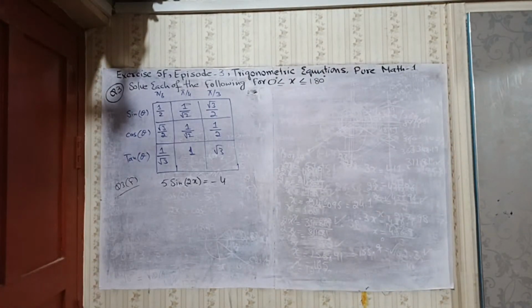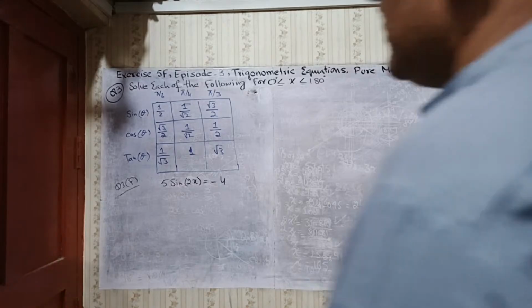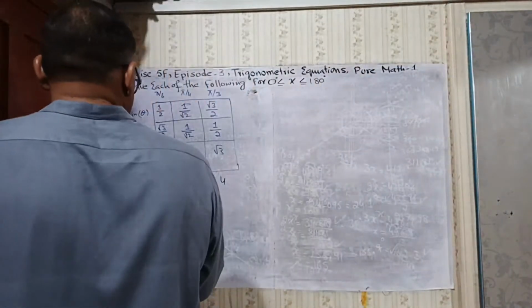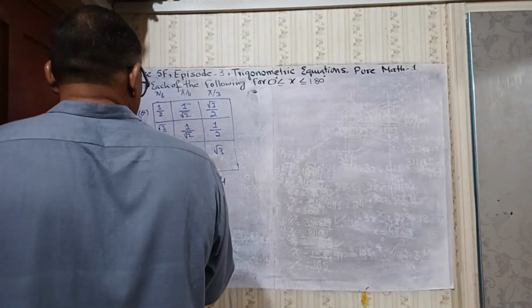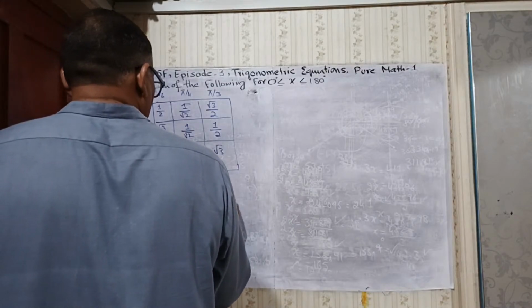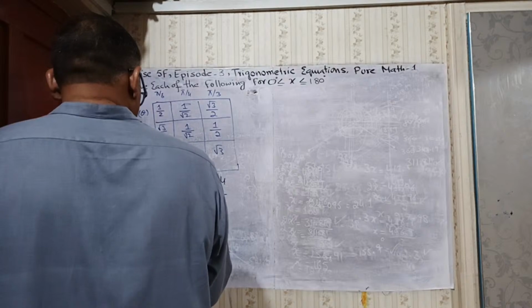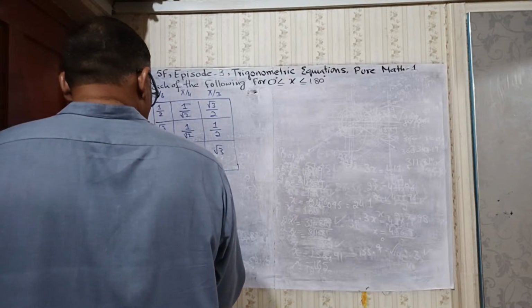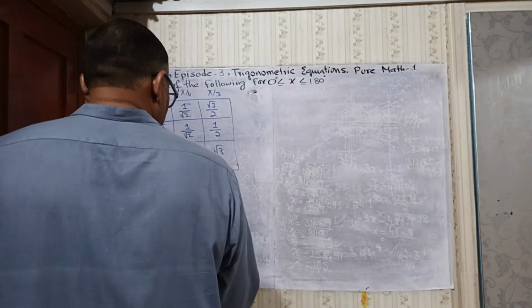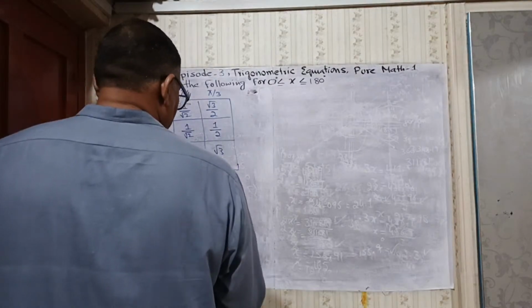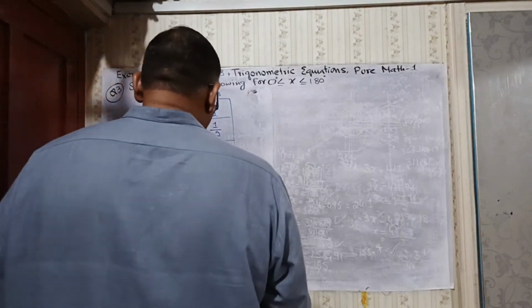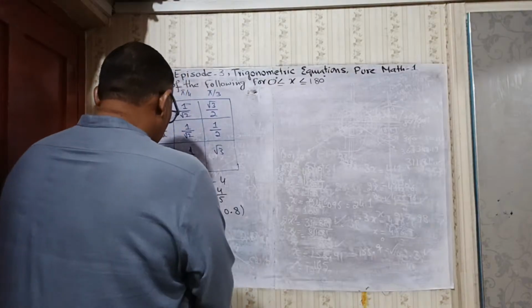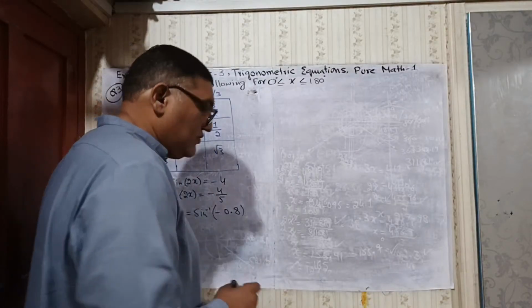So we will have sine 2x equal to minus 4 by 5. So 2x will be equal to sine inverse of minus 0.8. This is negative, so on your calculator you can find its value.